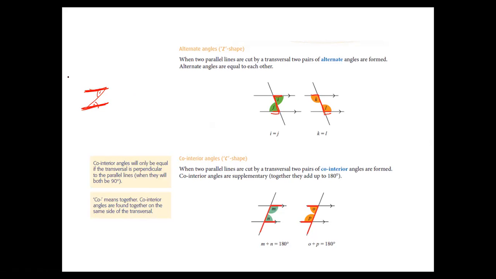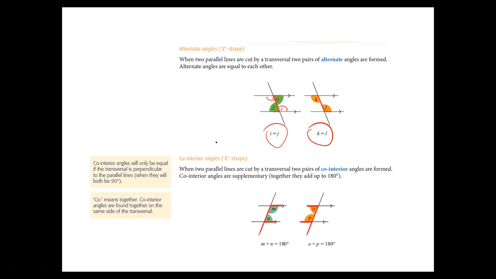So when two parallel lines are cut by a transversal, two pairs of alternate angles are formed. Alternate angles are equal to each other. So E and J are equal to each other. Also, these interior angles, K and L, must be equal to each other.